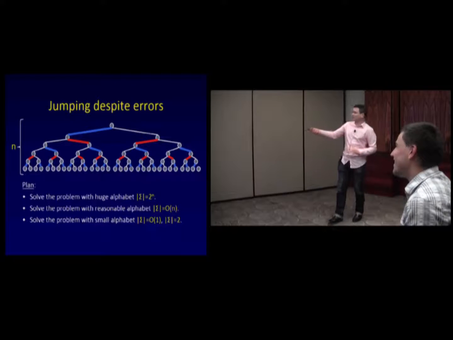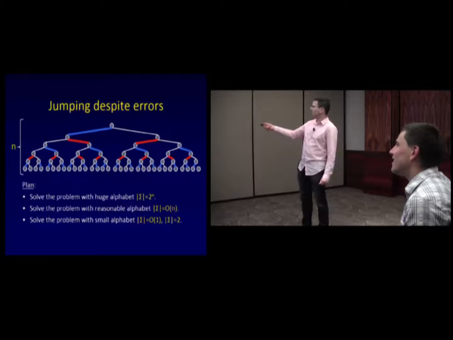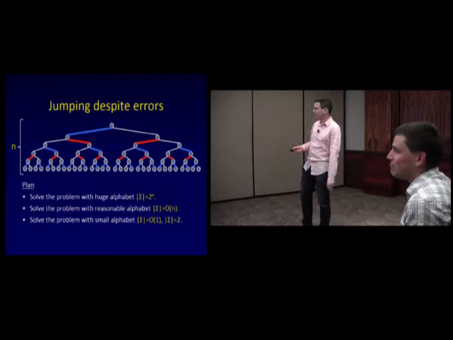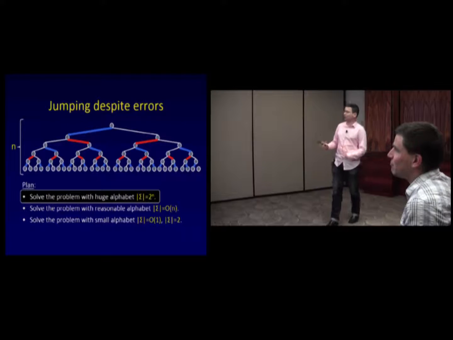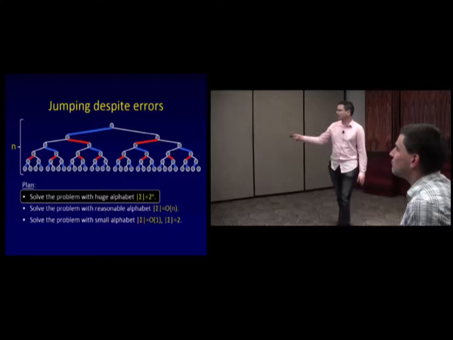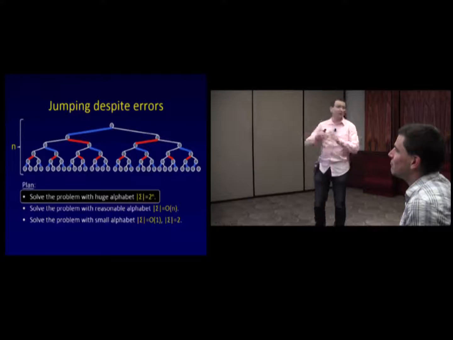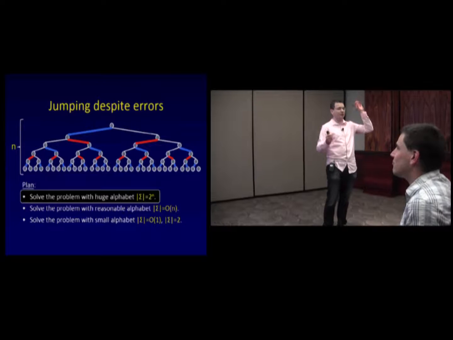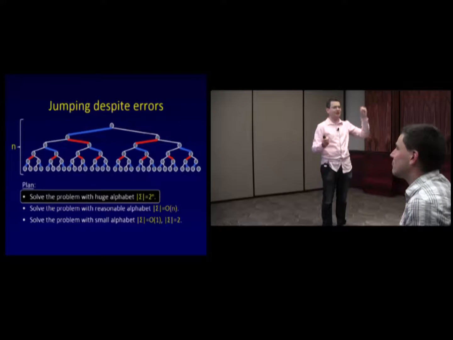Oh sorry, I changed the K to N accidentally. Anyway, we are trying to do the pointer jumping task, and let's assume for now, it's not important, that we have a huge alphabet. So we are able to send a block of n bits at once.